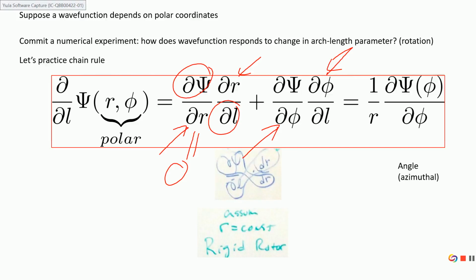This is a permitted trick because if you cancel dr here and there, it will be d psi over dl, right? And here we do the same trick. So we need d psi over dl, but we put it as d psi over the angle, and then the angle over the length.